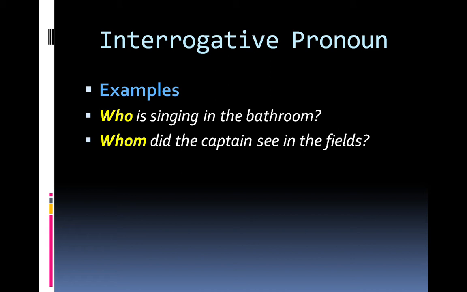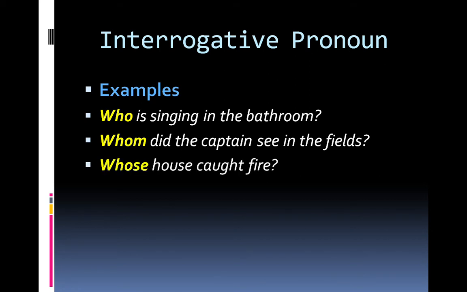So this time it's the object of verb see that was unknown, and we are using this word whom in place of that noun, in place of that object, to ask a question about them. So whom is an interrogative pronoun. It has been used in place of a noun, and that noun was the object of verb see, and it's asking a question about that noun also.